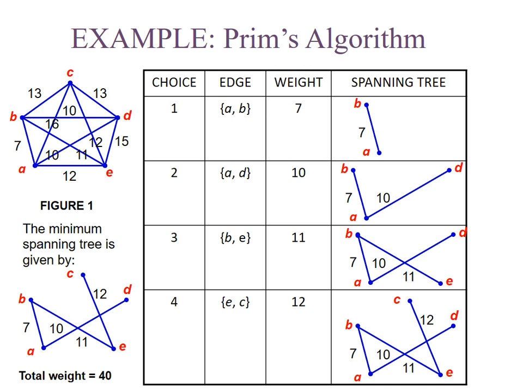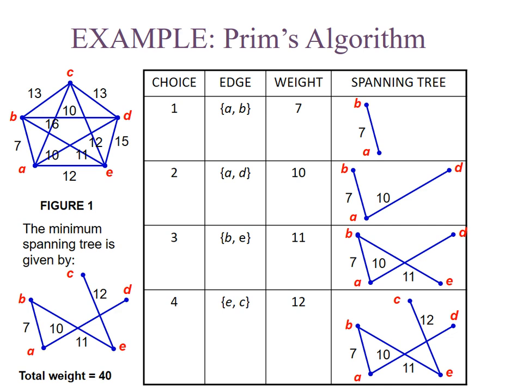From B, we can have 13, 10, and 16. So in this situation, the least weight we can choose is 10, right? You can choose AD because the weight is 10. You can also choose BD because the weight is also 10. In this case, you can choose either one because it gives you the same weight of the edge.